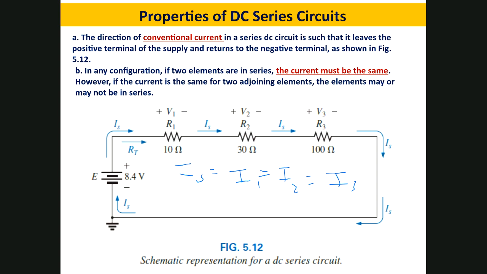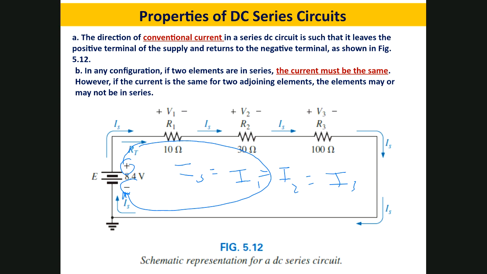As we agreed, also the direction of the current is the conventional direction. What does it mean, conventional direction? It means the flow of the current starts from positive, then goes back to negative. This is what conventional direction means.